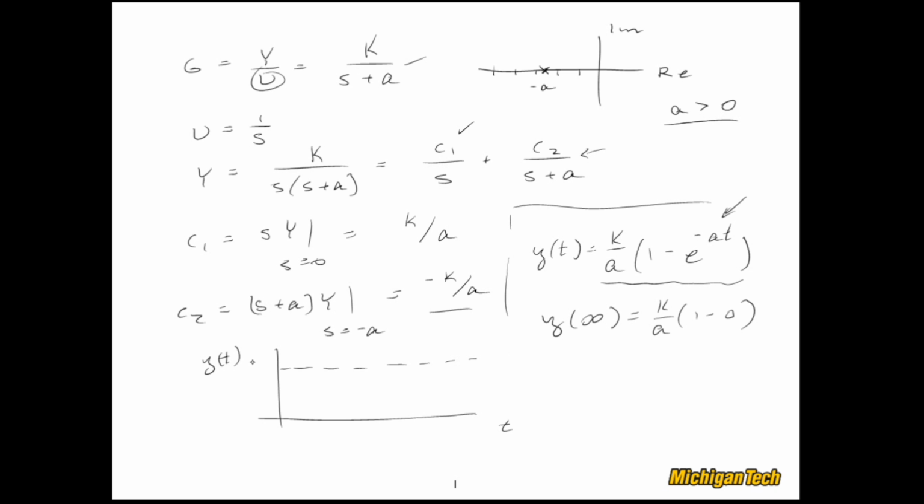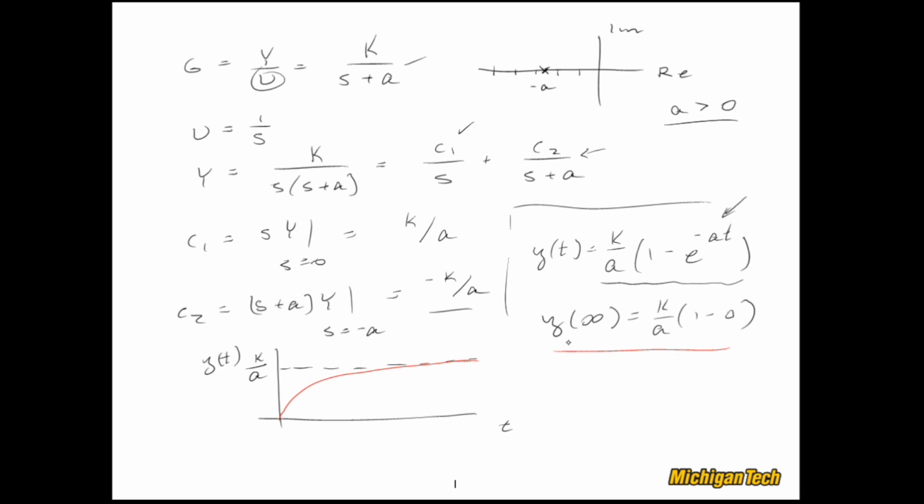So I just get k over a. And the response looks something like this. Classic first order response. It doesn't really keep creeping up like that. It just goes up to that dashed line and stays there.